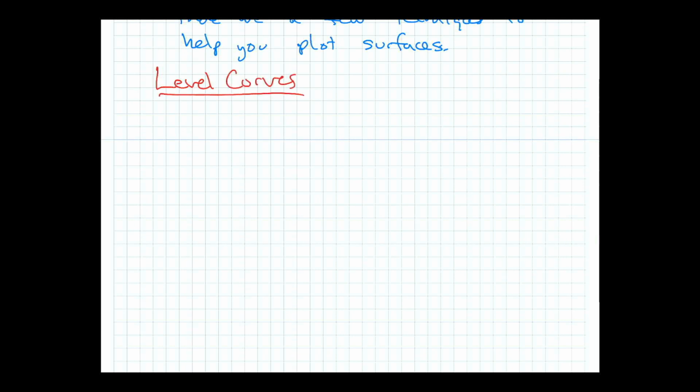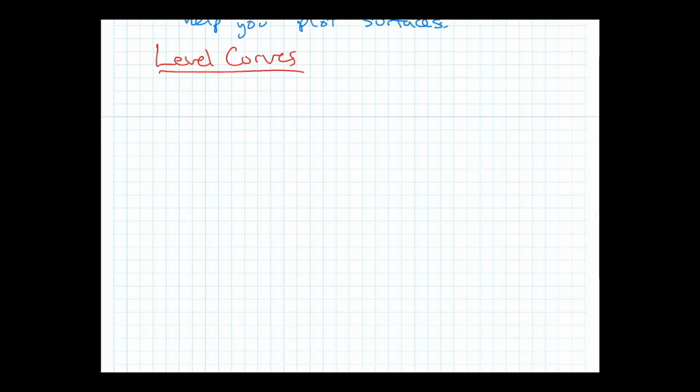Again, we're going to assume that we're looking at a function z equals f of xy.